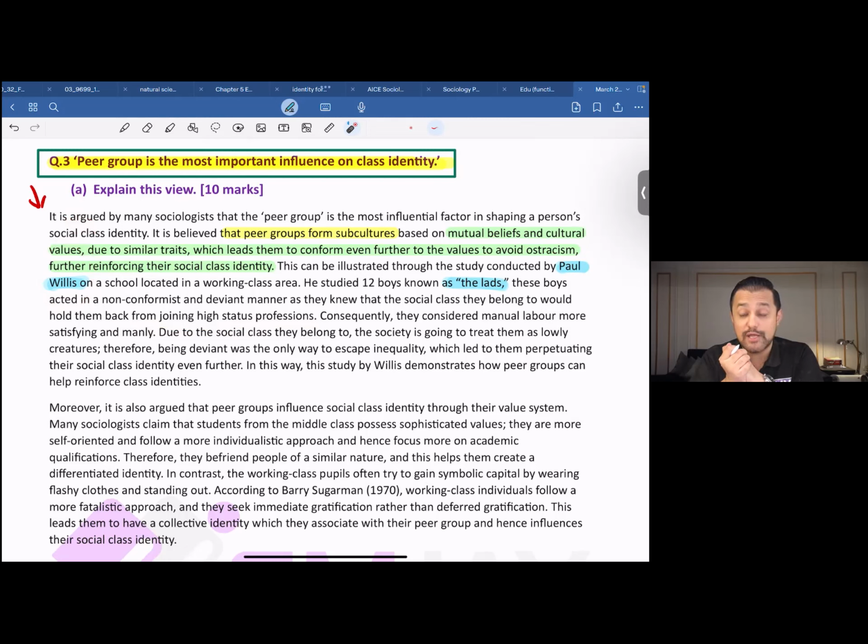according to Paul Willis, they were able to see through the smoke screen. They realized that regardless of the amount of effort they put in, they wouldn't really be able to get a high status job. Why not? Because in the UK, you get educated for free till you're 16 years old, right? After that, it's your parents' pocket that matters.